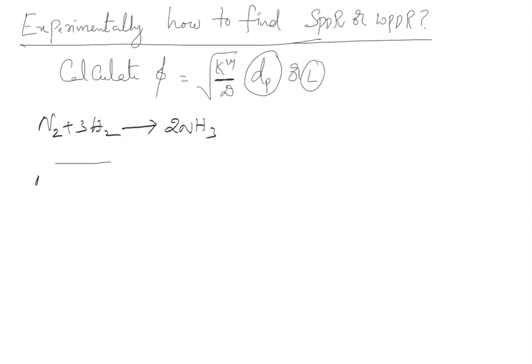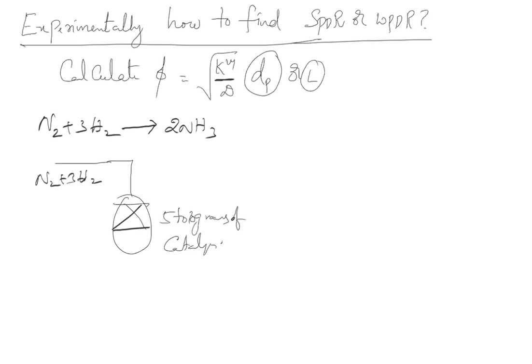I will take the N2 plus 3H2 mixture and pass it to a small reactor where I load 5 to 10 grams of catalyst. Then I see the products forming, analyze them in the GC, gas chromatography, and see what the rate of reaction is.